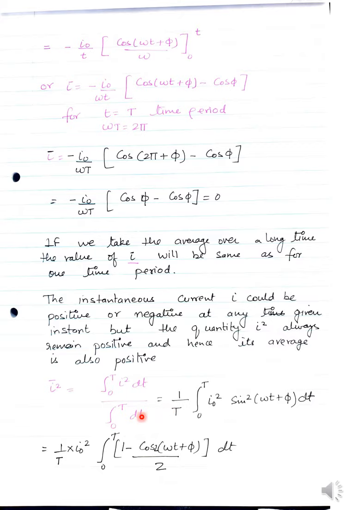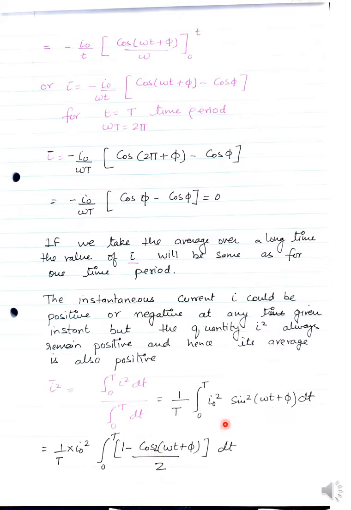So it's the integration, the denominator will be T, and it is 0 to T of I square sin square(ωt + φ). First of all, you will change this to (1 minus cos 2θ) divided by 2. Remember, this is 2 here.